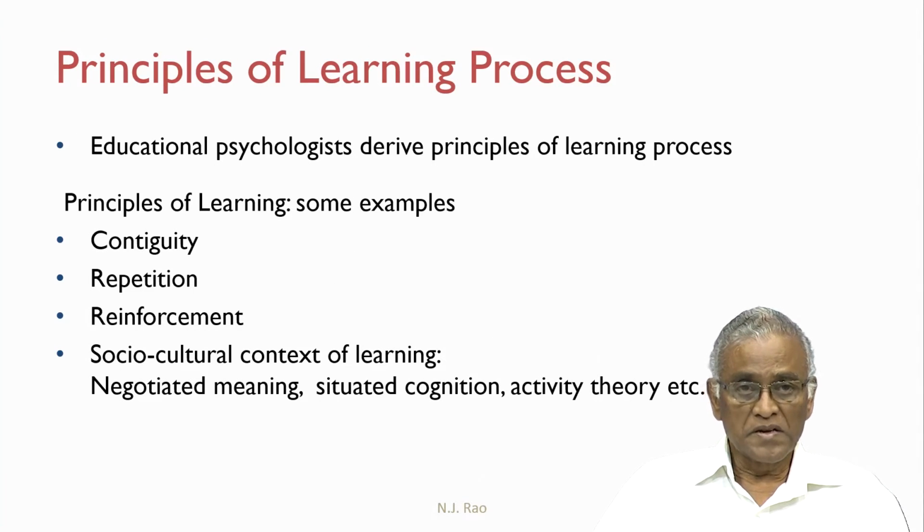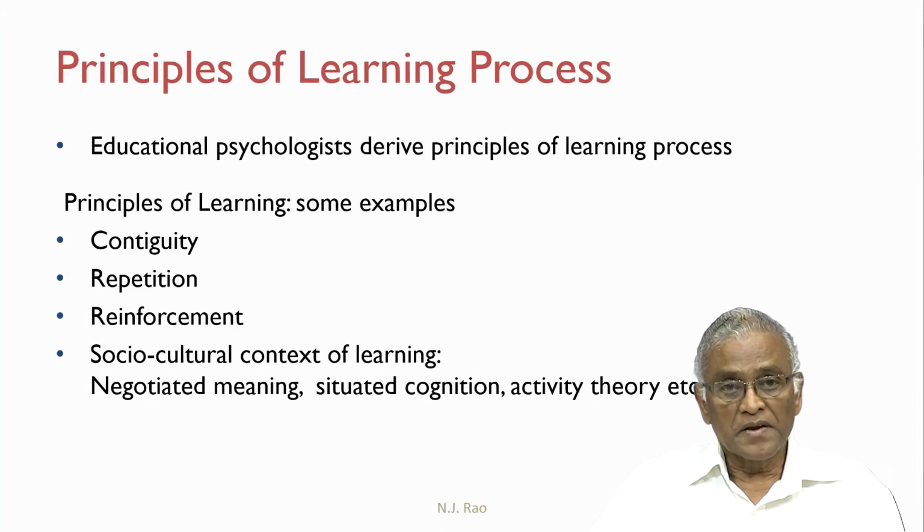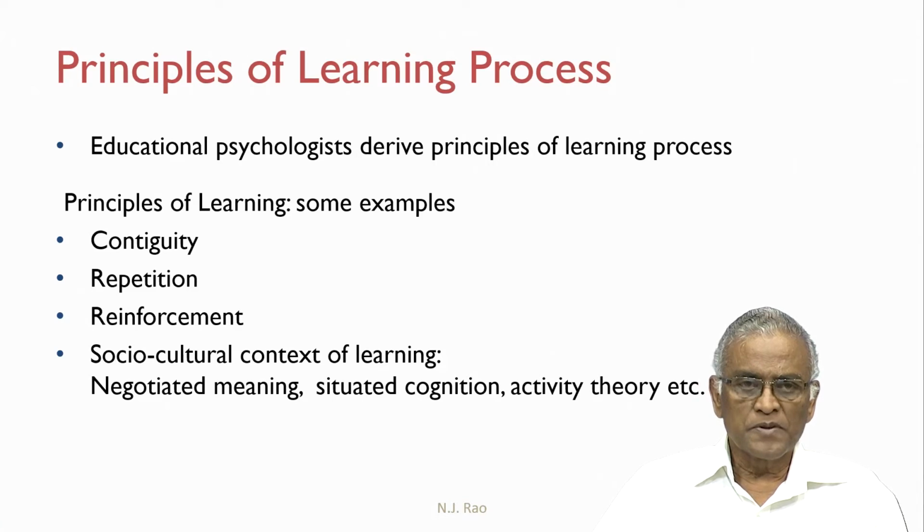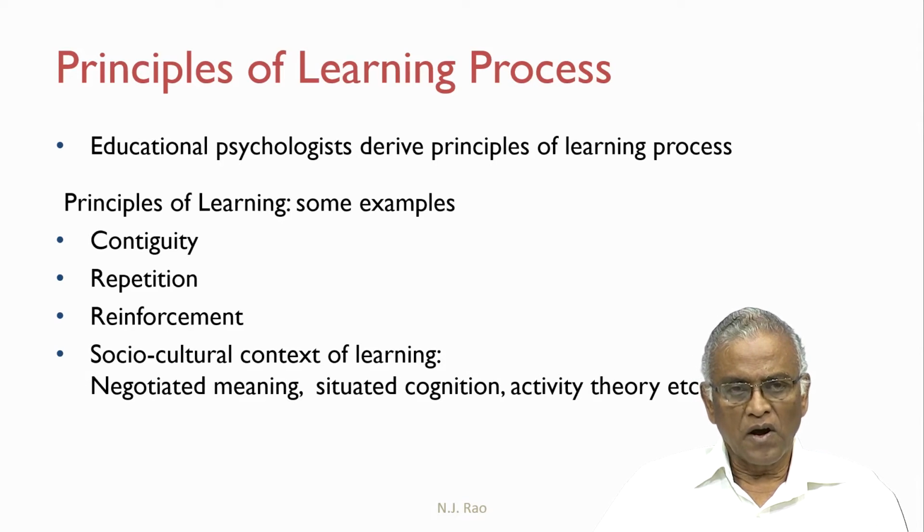Now, educational psychologists derive principles of the learning process, and some examples are contiguity. That is how two topics are related to each other, so one topic becomes a prerequisite to the next one, which is a fairly simple thing to understand.